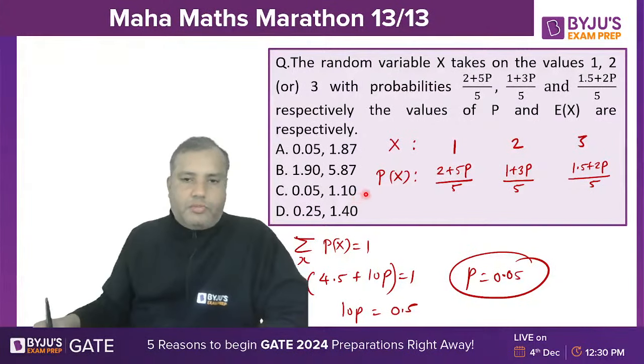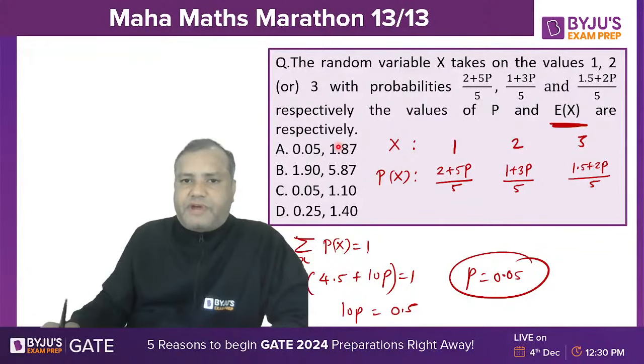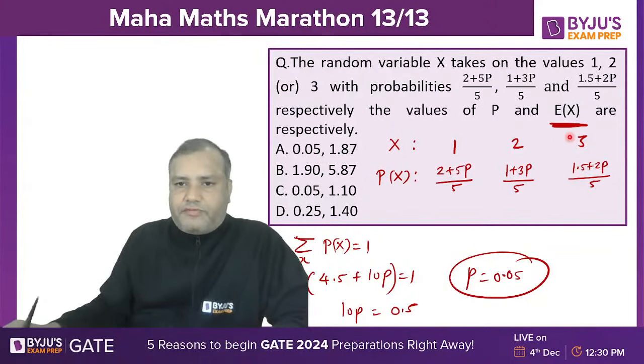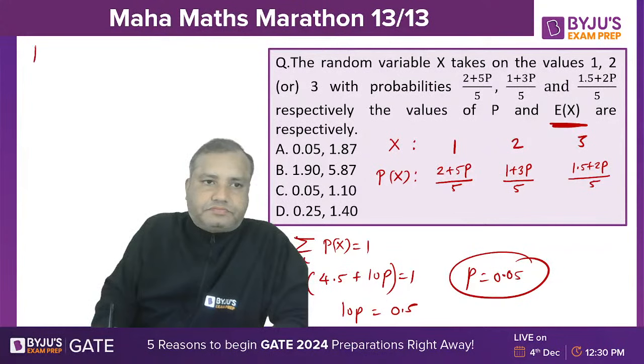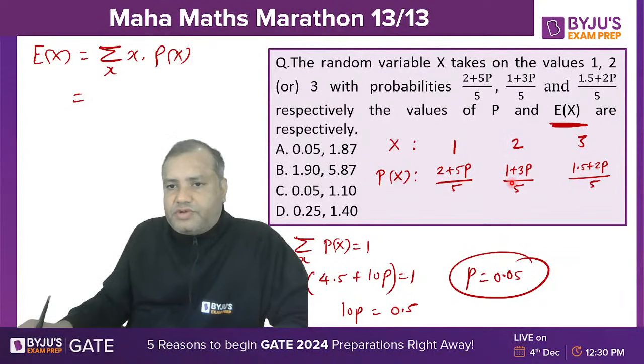Correct? Moving towards the expectation of x. p is found to be 0.05. What is the expectation of x? Summation over all the values of x, x into p of x. So 1 into this, 2 into this, and 3 into this.